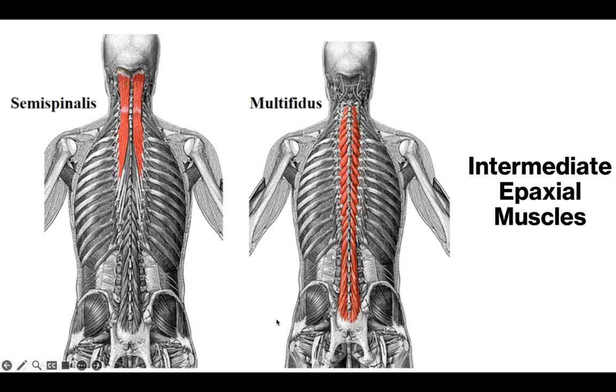So with the insertion of semispinalis, we can kind of see that it is going to be inserting at the occipital bone along the back of the bone. But it also says spinous processes of vertebrae 6-7 segments superior to the origin.